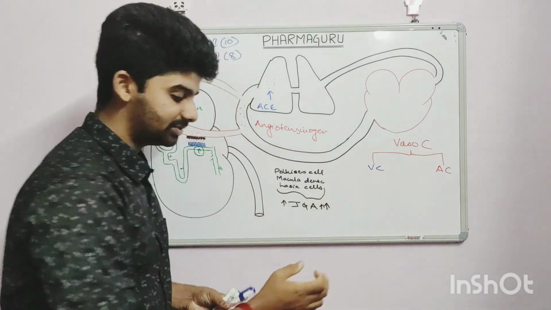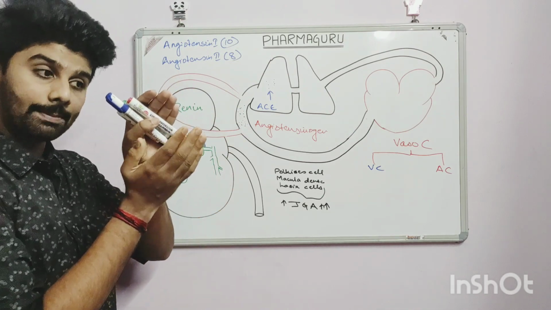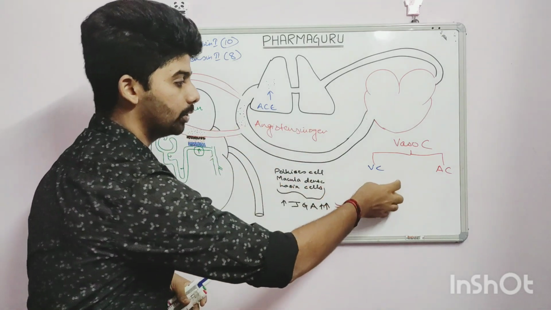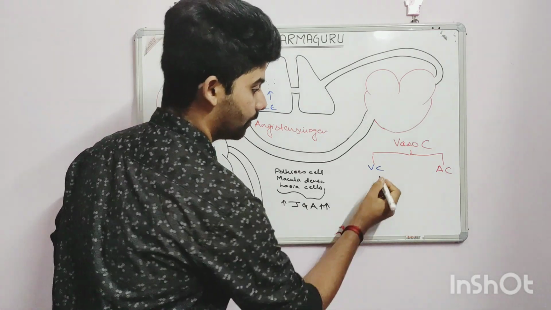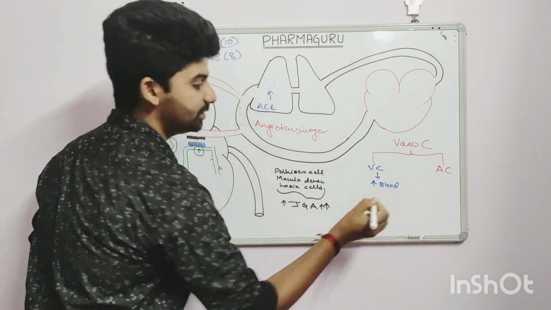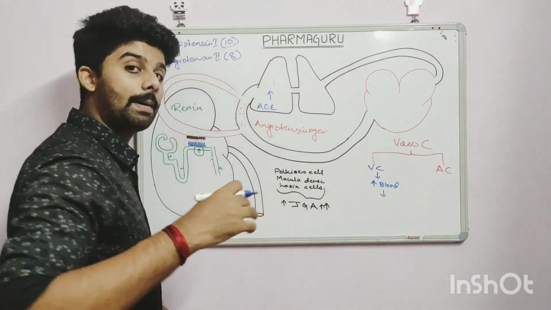Whenever there is venoconstriction, the veins that carry blood to the heart will constrict. What happens? Faster blood flow occurs, that is, more blood will be flowing through the venous system. That means more blood will be reaching the heart. Now since more blood is reaching the heart, the heart can pump more blood.